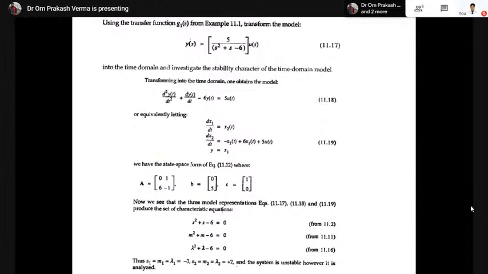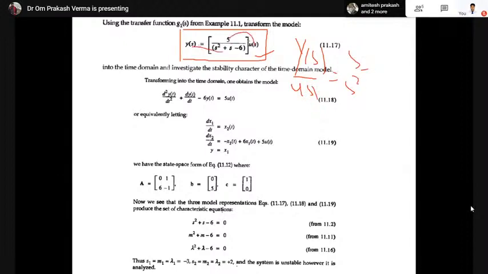Let's say the problem is given: Y(s) is equal to 5 upon s square plus s minus 6, times U(s). We can convert this equation into the state space, Y(s) upon U(s) is equal to 5 upon s square plus s minus 6, and the initial conditions we have taken as 0.